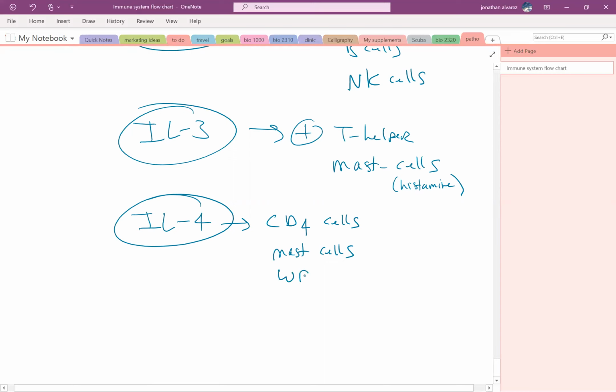And then a lot of white blood cells like macrophages, B cells, T cells. So it brings in a lot of stuff. Now as you can tell, the more that things become activated, the more the recruitment, the more powerful the response.